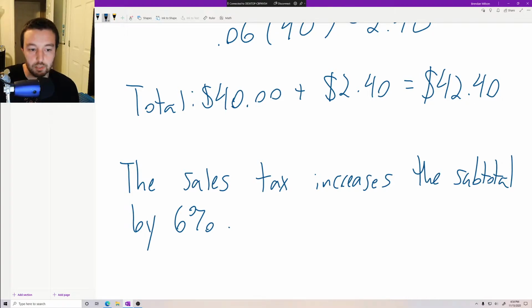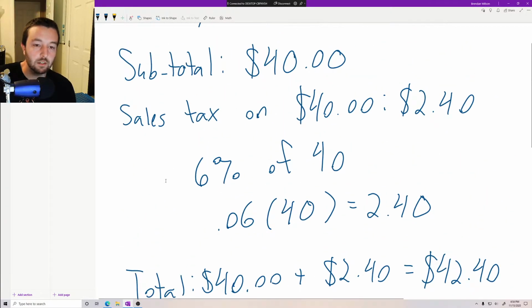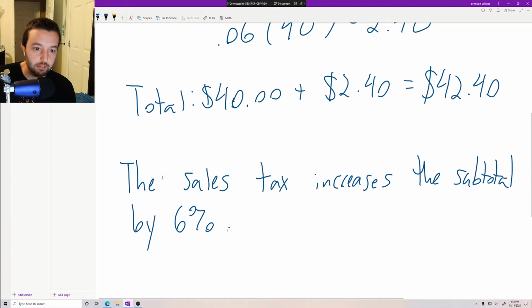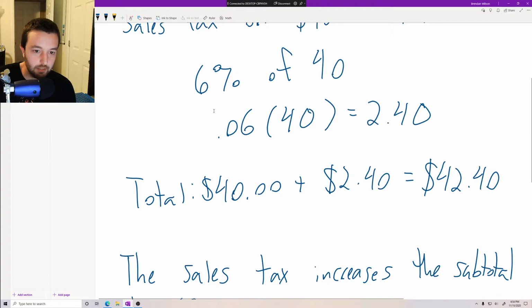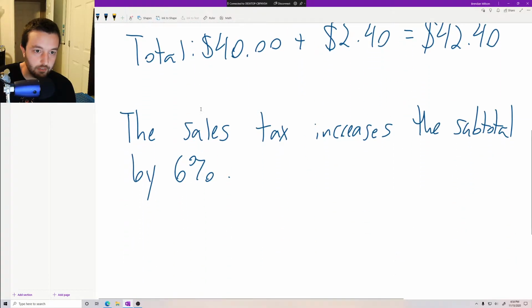Okay, that's what it's doing. So what does this increases by this amount of money mean? Well, we can do a little bit of a trick called factoring.